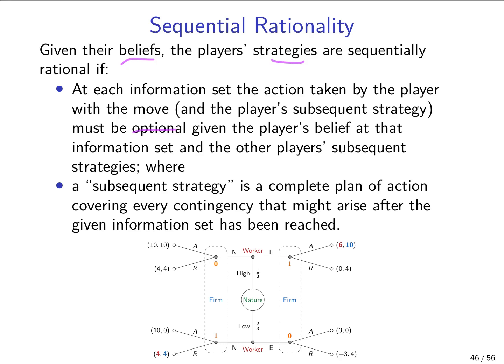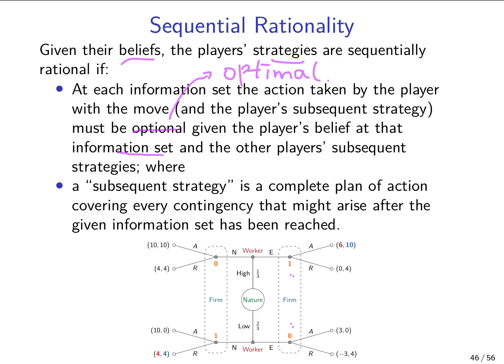It's optimal at that information set. And so a strategy is such that given the belief at each information set, the player is optimizing their expected payoff given their belief, given their probability distribution of being here compared to there.